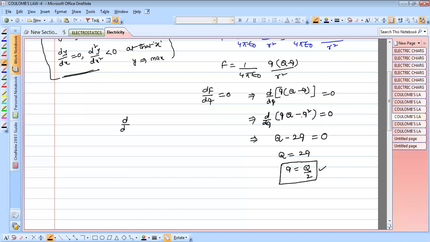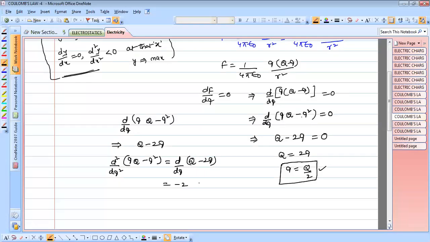Now you got d by dq of (Qq minus q square) equals capital Q minus 2q. Again take another derivative: d square by dq square of (Qq minus q square) equals d by dq of (Q minus 2q). Q is constant, so its derivative is 0, and we get minus 2.